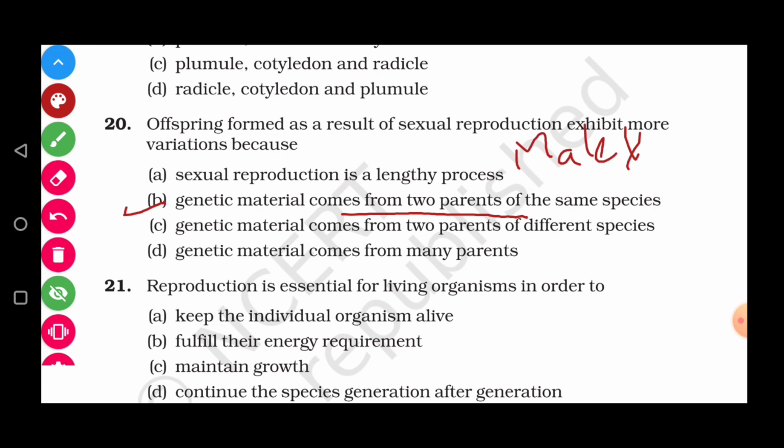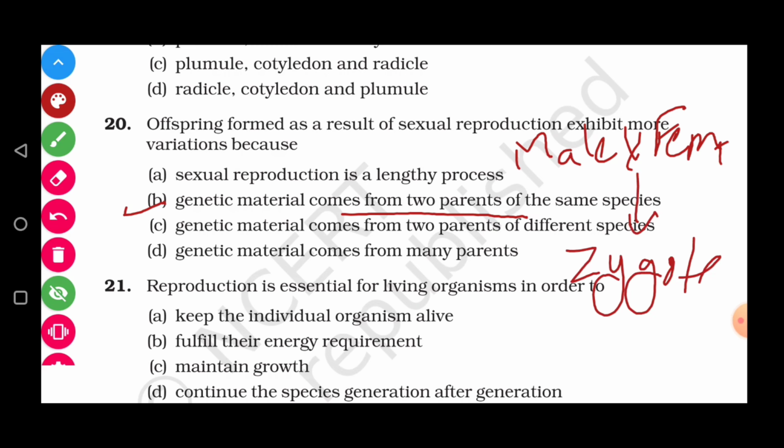Gametes of both kinds will be there, and from the fusion of both gametes the zygote will form, and this zygote will contain the characters of both parents, from the male partner and from the female partner. So we can say the genetic material comes from the two parents of the same species. This is the reason for variations in sexual reproduction. So this is the correct answer.